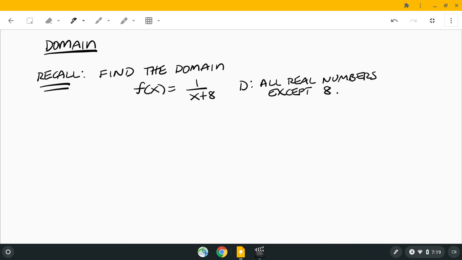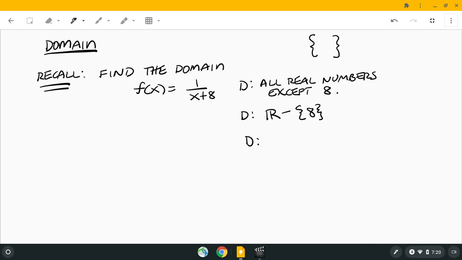Different ways to say this. That's one way to say it. You can say all real numbers except this one. Those are my curly braces. Those are these symbols. Okay. So all real numbers except -8. That's one way to do it.